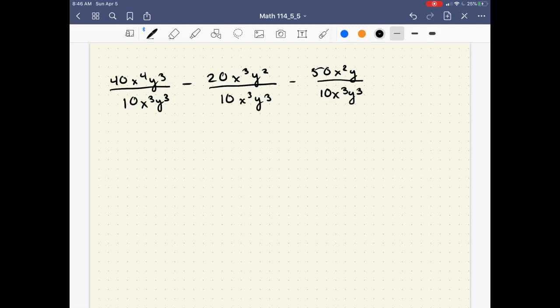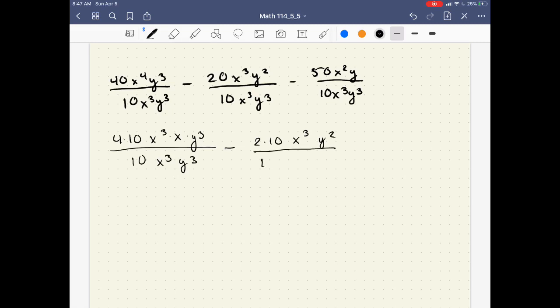So that 40, I can break it into 4 times 10. And then I have x cubed times x times y cubed over 10x cubed y cubed, minus 2 times 10 x cubed y squared over 10 x cubed y squared times y, minus 5 times 10 x squared times y over 10 x squared times x times y squared.